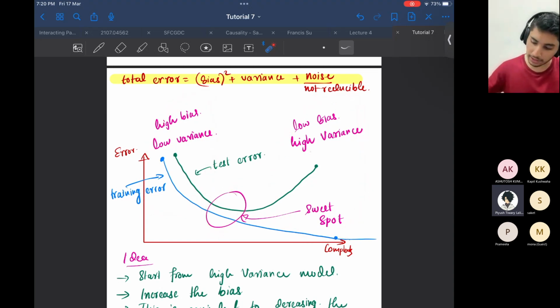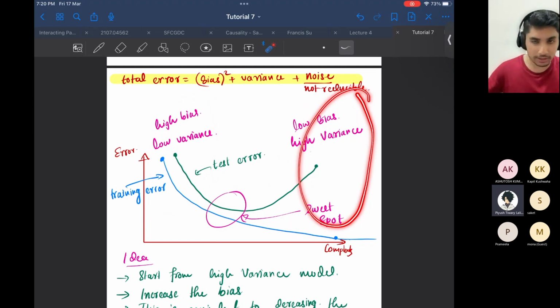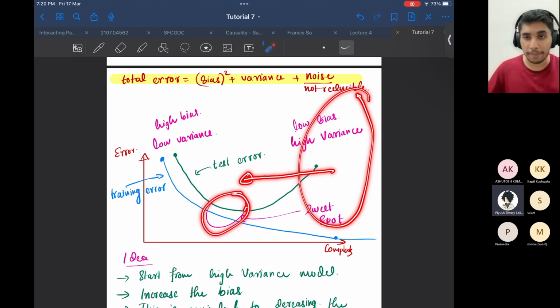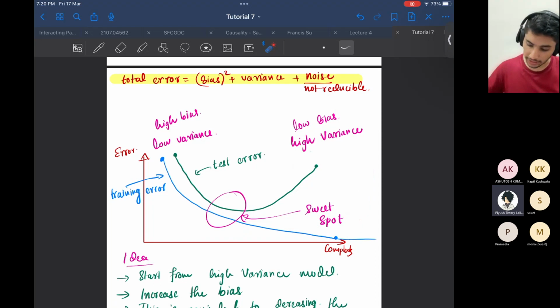For that, we said, why don't we start with a high variance region and keep increasing my bias so that we hit the sweet spot. Hopefully the optimal model also lies close to this region.